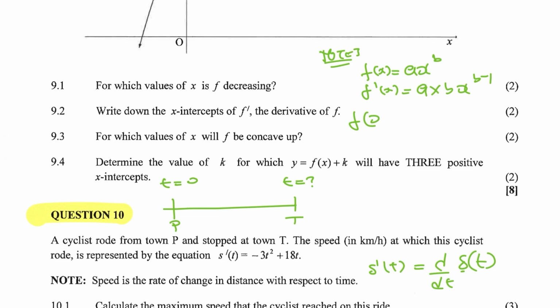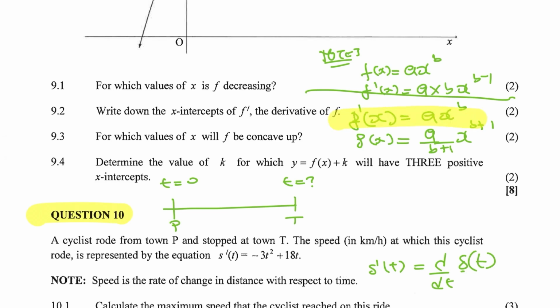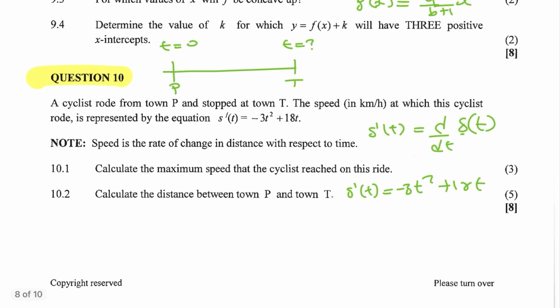So if g of x prime is equal to ax^b, the antiderivative of this will be a over b plus 1, x^(b+1). Does that make sense? That's how you find an antiderivative of this derivative here.